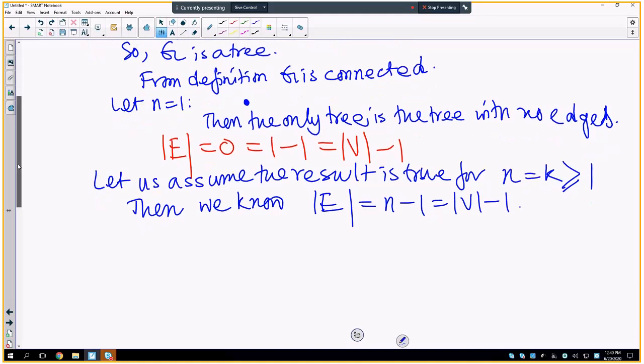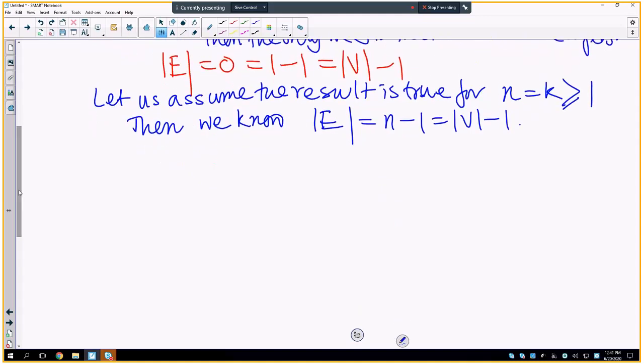And this, we cannot assume, we are going to show it. So now let n be equal to k plus 1. So in this situation, we're going to finish the induction process. The number of vertices is k plus 1.